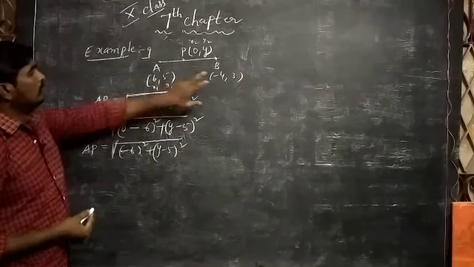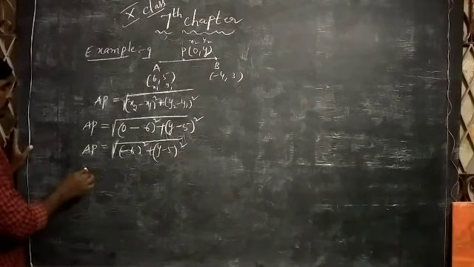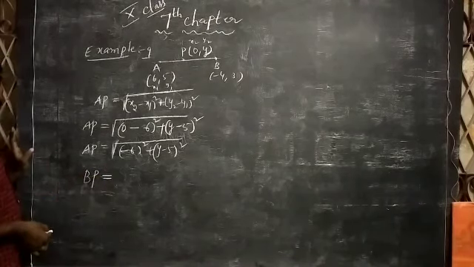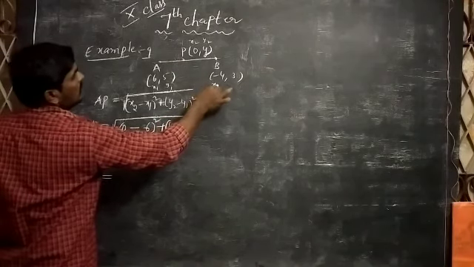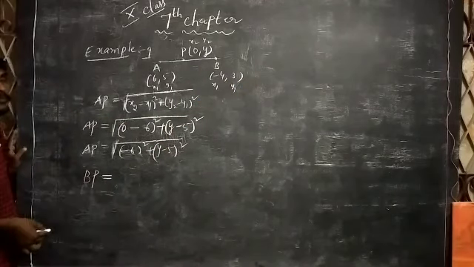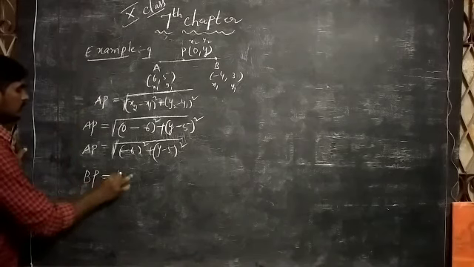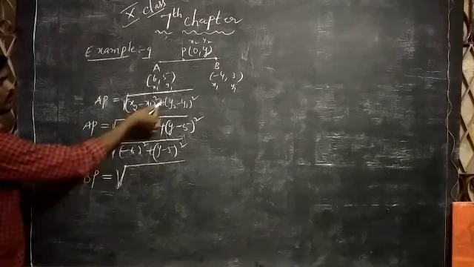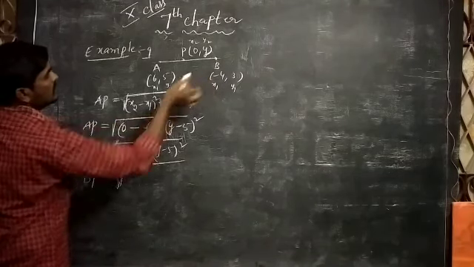Next, with respect to the line segment BP, now the distance between B and P is equal to: in this case the coordinates of B are (x1, y1), and the coordinates of P are the same common point for both, so (x2, y2) is common. Now directly I am writing x2 minus x1.